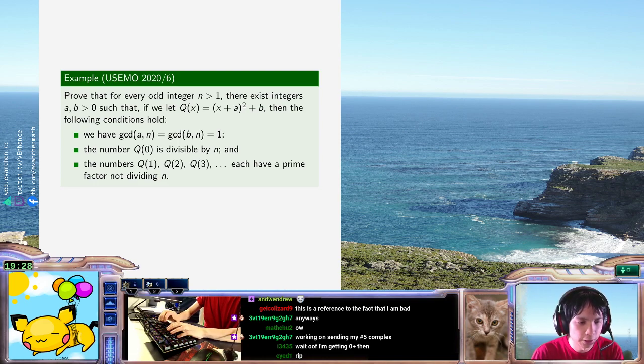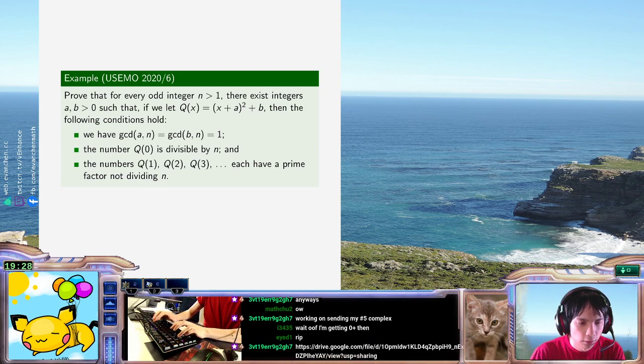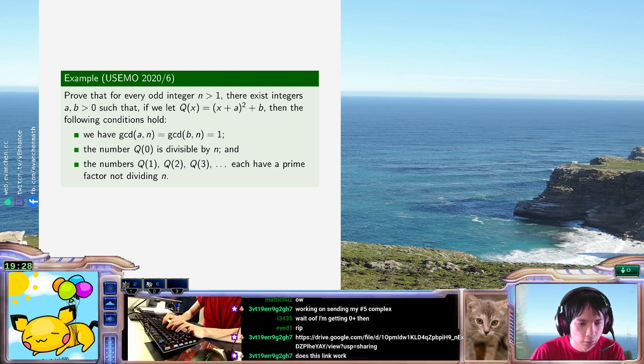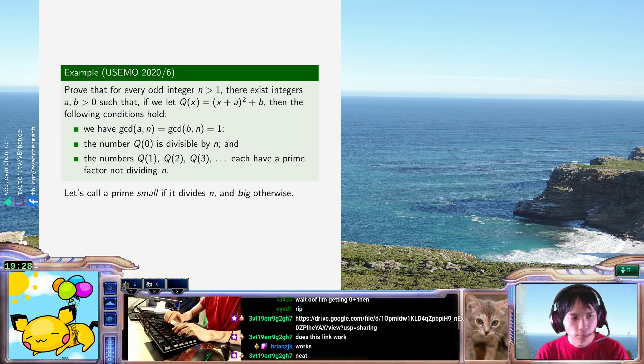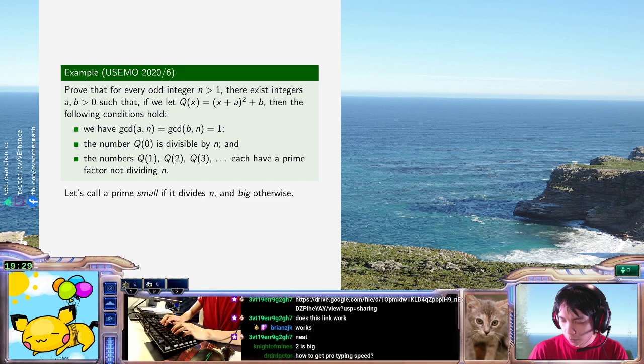Let's call a prime small if it divides n, otherwise we'll call it big. So what's the deal with this? We want sufficiently large Q inputs to have big prime factors.